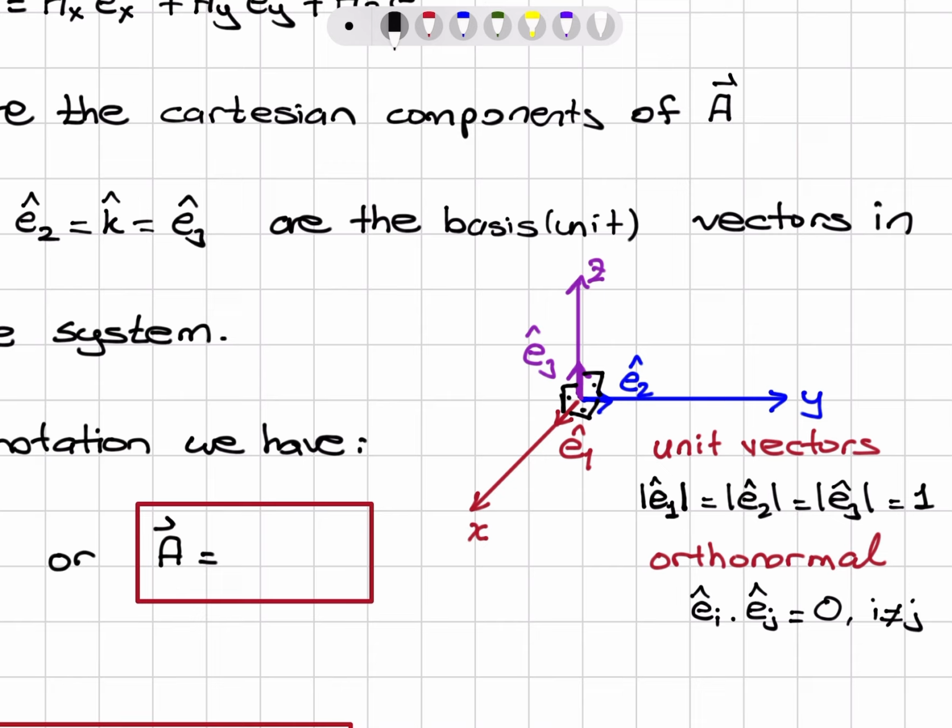If i is equal to j, it's going to be equal to 1 because they're also unit vectors.